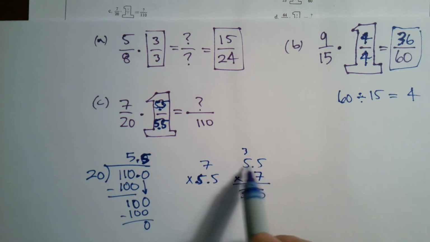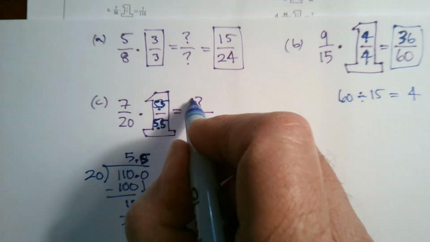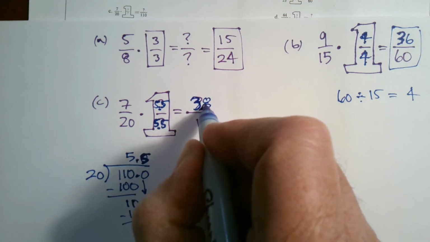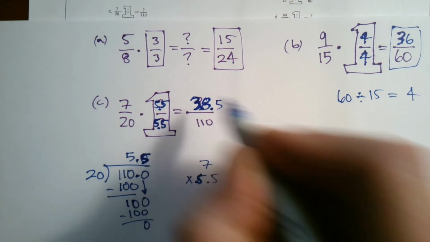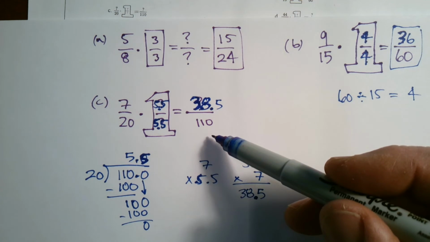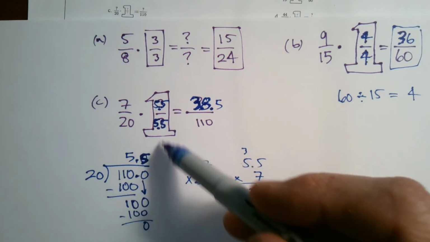Then I look to see there was 1 decimal place, so my answer is going to have 1 decimal place. So this is 38.5. So I have 38.5 over 110. That's what that question mark is, and my giant 1 is 5.5 over 5.5.